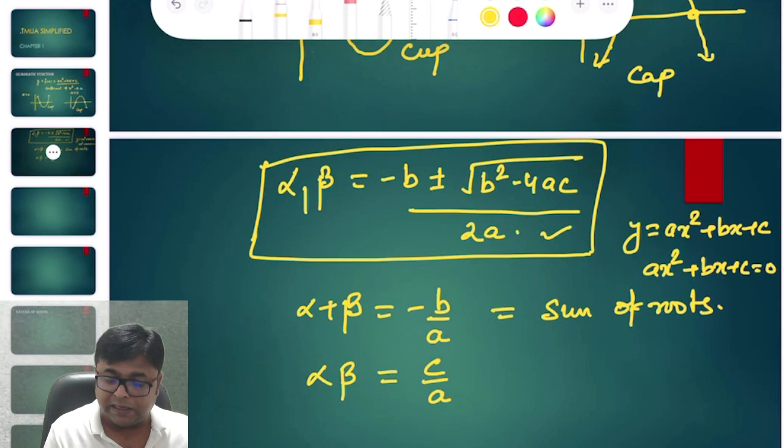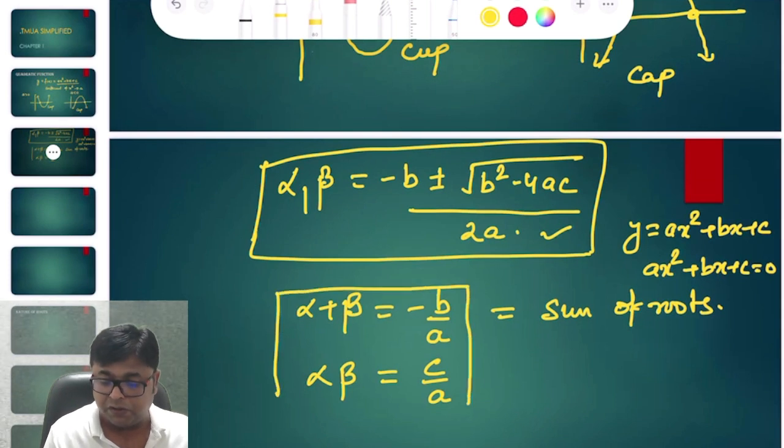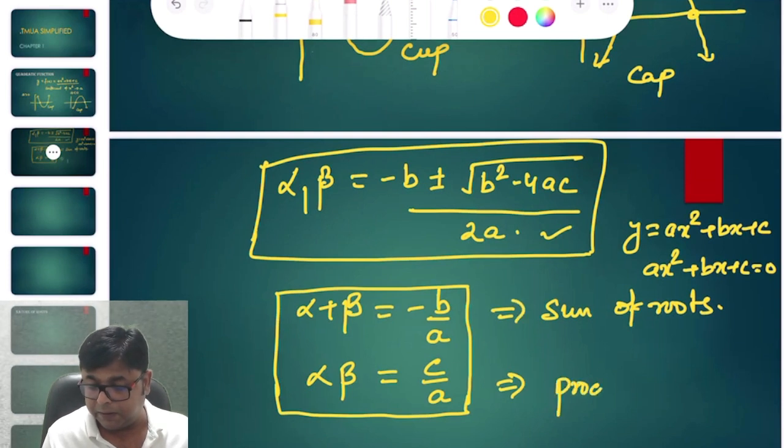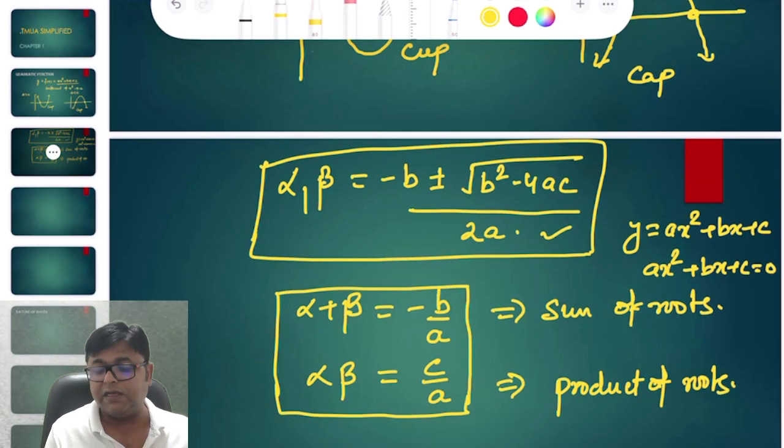So these two results are also very important, which you should remember, right? So we should know the shape of the curve, we should know how to calculate roots, we should know what the sum of roots and the product of roots are, right? So these three results are very, very important, right?